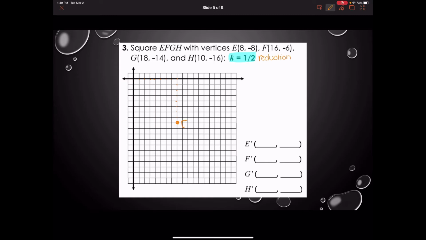This is E. Then I have 16, -6, so I went 9, 10, 11, 12, 13, 14, 15, 16, and 1, 2, 3, 4, 5, 6. So here is my F. Then I have 18.